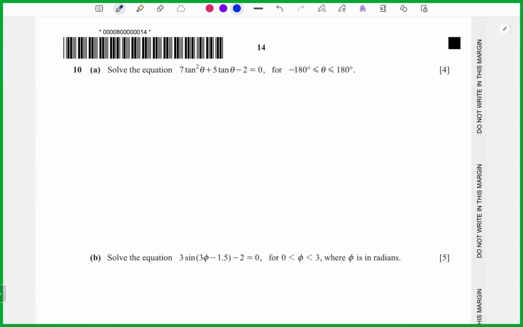Let's try. You see, this is a hidden quadratic equation, right?